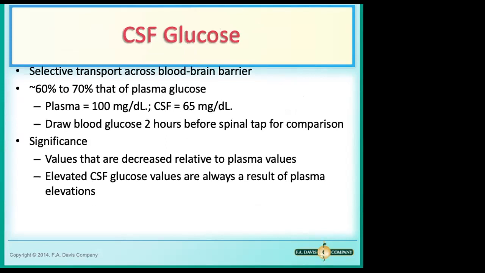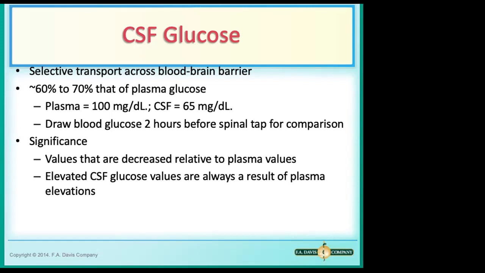The glucose enters the CSF by selective transport across the blood-brain barrier, and this results in a reference value that is approximately 60 to 70% that of the plasma glucose. So the CSF glucose will always be 60 to 70% that of the plasma glucose. So you have a comparison, okay? It's never going to be the same. If the plasma glucose is 100 milligrams per deciliter, then the reference CSF glucose would be approximately 65. Okay, so that's the difference.